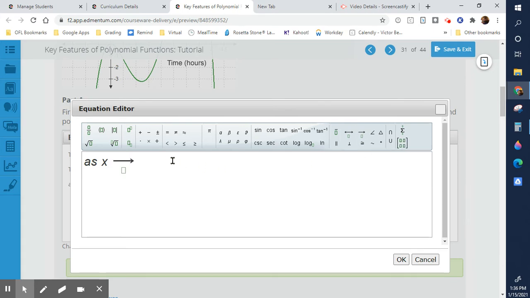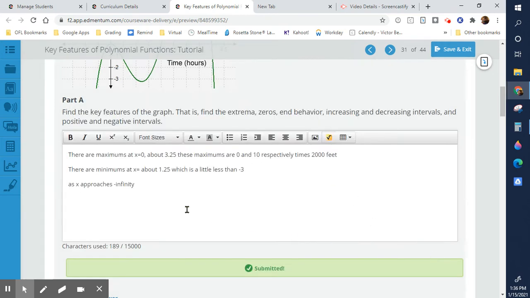I wanted the arrow without something. So I guess I can just do it like this. As x approaches negative infinity. Where's the negative? And there should be an infinity symbol somewhere. Do they not have an infinity symbol? I cannot believe they don't have an infinity symbol here. All right. Well, then don't use this apparently.